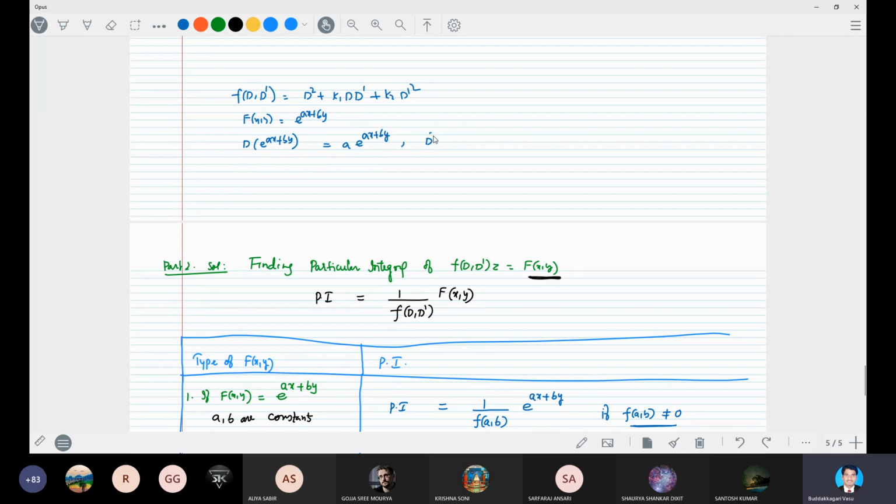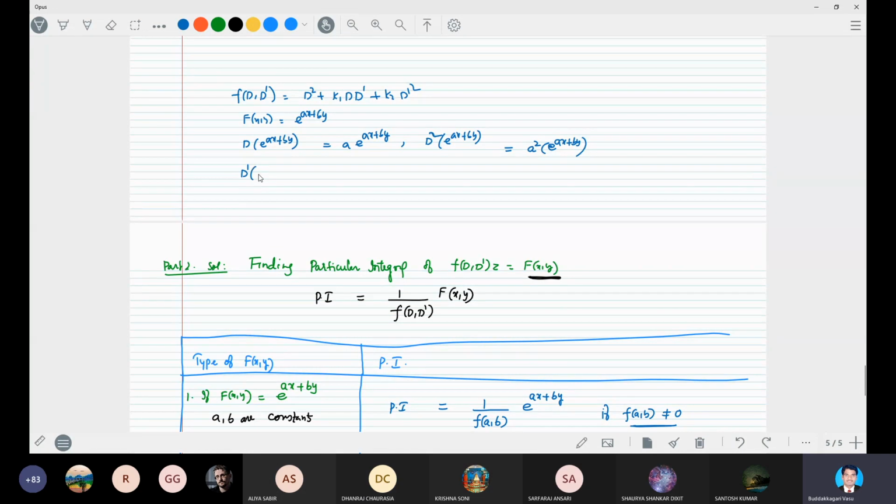Similarly, D square of e power ax plus by is a square into e power ax plus by.